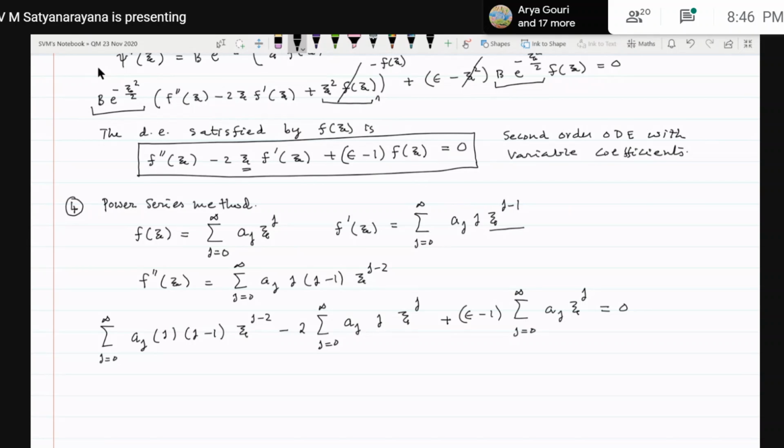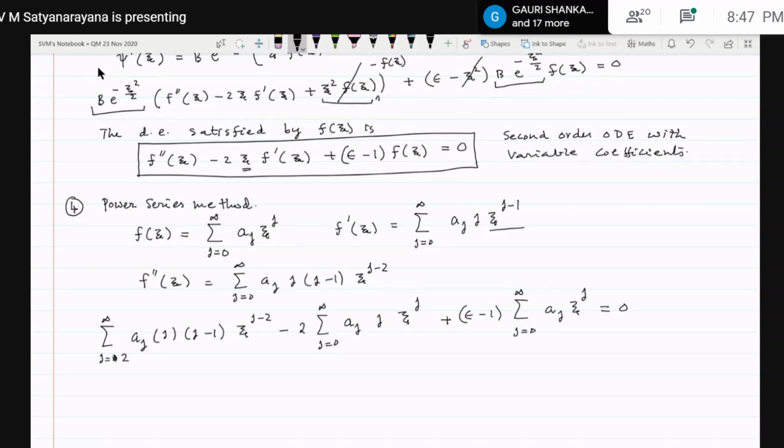Now notice that in the first term, if I take j equal to 0, because of this coefficient j sitting here, this term will be 0. If I take j equal to 1, because of this term, this will be 0. So even though I have j equal to 0 to infinity, the first two terms are 0. So this is as good as writing j equal to 2 to infinity. You follow?